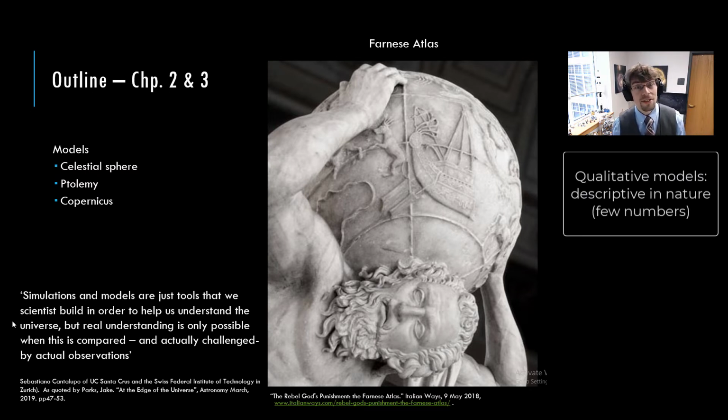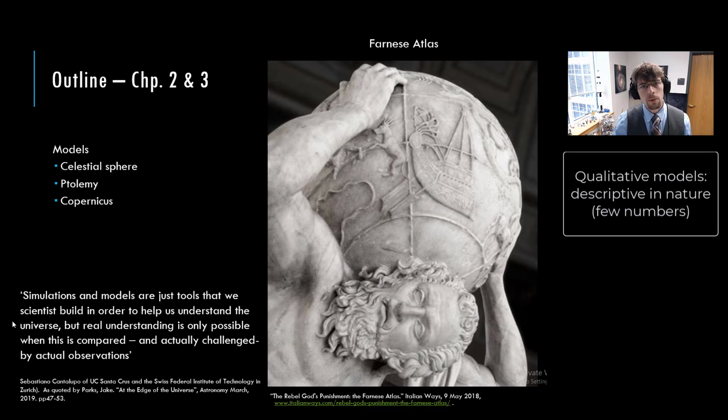Models like the celestial sphere that we inherit from ancient Greece. And then we move forward to Ptolemy, which is like the first century Common Era. And then later on, Copernicus, a millennium later.